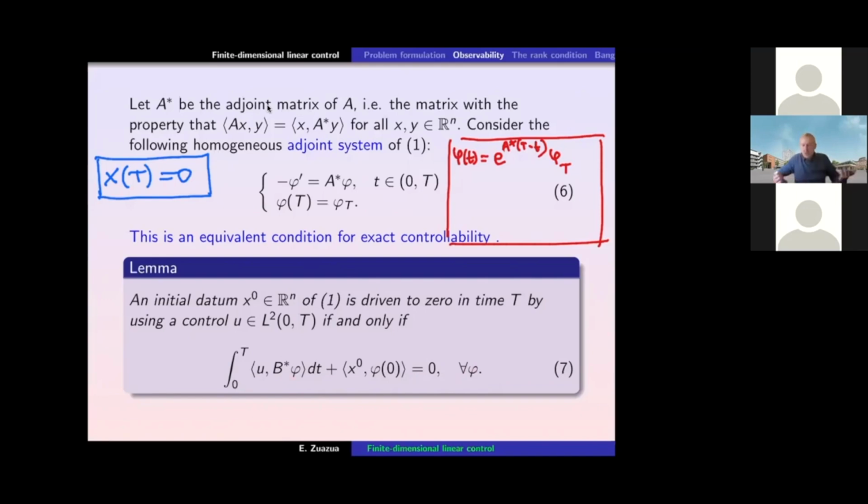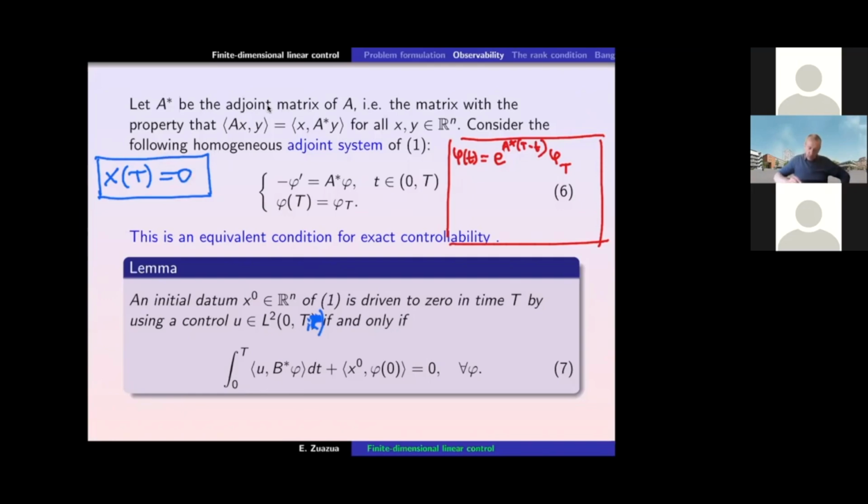This looks strange in the beginning, because here I have controls with values in R^m, and I say the control u is successful on driving the initial datum x0 to the zero equilibrium. Zero is an equilibrium because A0 is equal to zero. Therefore, in the absence of control, zero is always a steady state solution of the system.